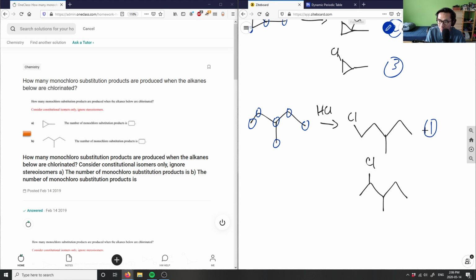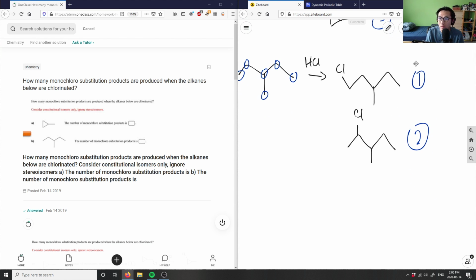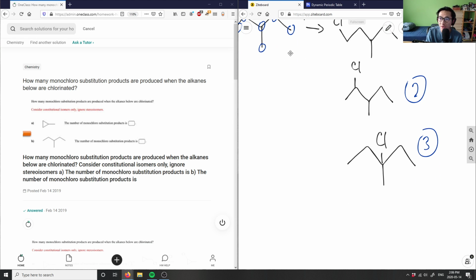This is carbon 1, this is carbon 2. Carbon 3 would give something that looks like this. This here would be the third product. And finally, I could have it on this last carbon here, and this would be our 4th product.